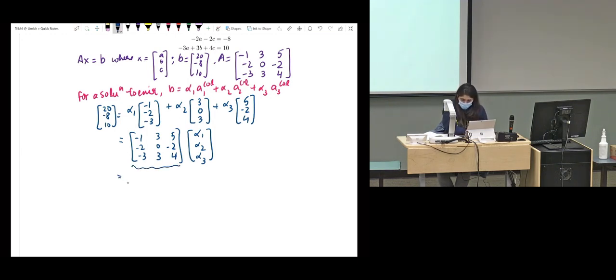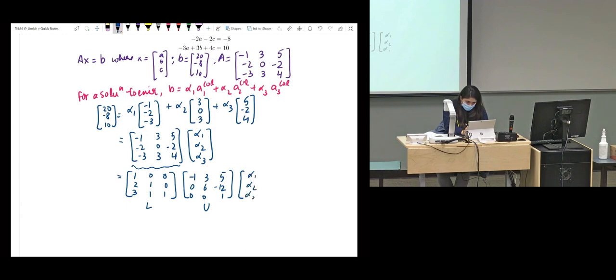What if I can write it down as 1, 0, 0, 2, 1, 0, 3, 1, 1 times minus 1, 3, 5, 0, 6, minus 12, 0, 0, 1, giving you the LU factorization with alpha 1, alpha 2, alpha 3.